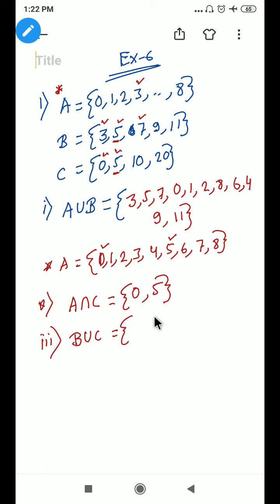So write here only 5. Now write down those elements which are left in set B. The elements are 3, 7, 9 and 11. Now write down those elements which are left in set C. So these are 0, 10 and 20. So these are the set of B union C.